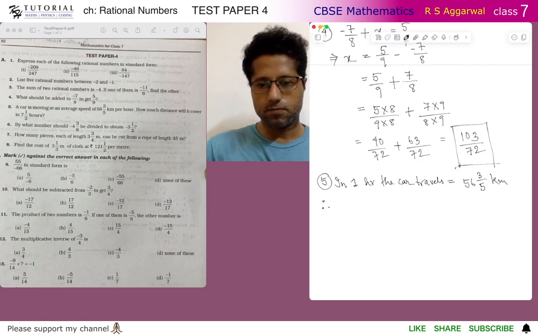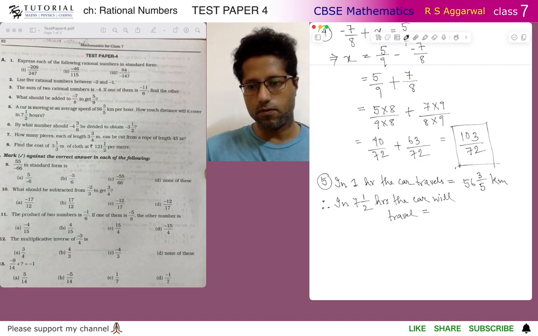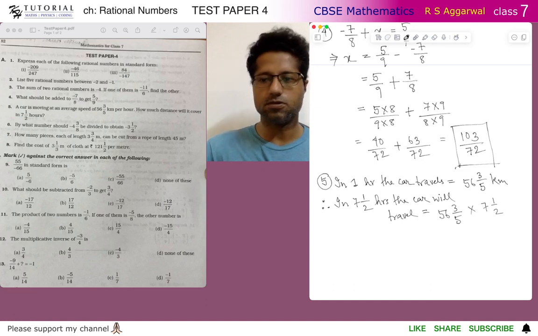Therefore, in 7.5 hours, the car will travel 56 3 by 5 multiplied by 7.5 kilometer.